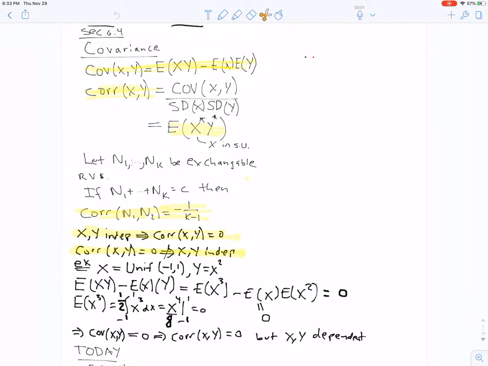And furthermore, if X and Y are independent, then the covariance is 0 and hence the correlation is 0. But the converse is not true.